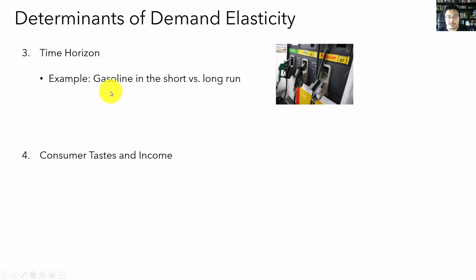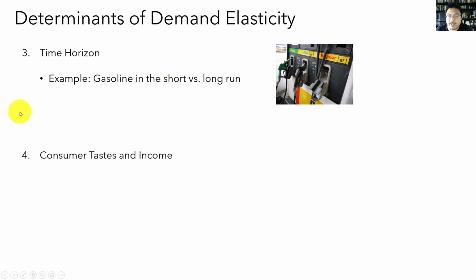Right? They might even switch to fuel-saving electric vehicles. So over the long run, as people have time to change their habits and adjust to new prices, quantity demanded is going to be able to change much more than it can in the short run. And so because of this, demand tends to be more elastic in the long run and less elastic in the short run.